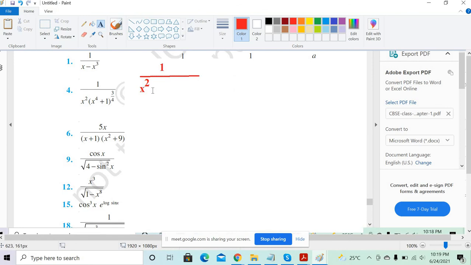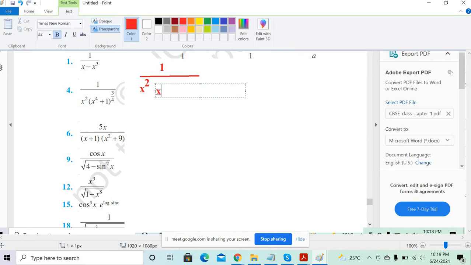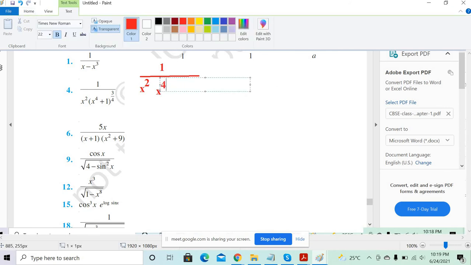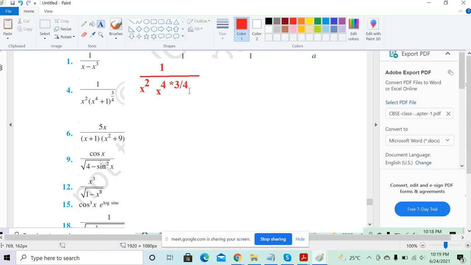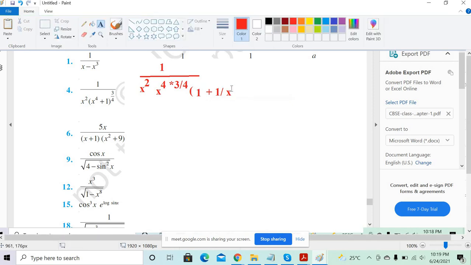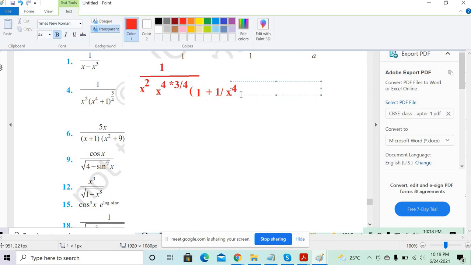Already x square is there. Correct? Yes, sir. Now when I take x power 4 outside, it will become x power 4 into 3 by 4, and in the bracket it will become 1, because you are taking it outside, plus 1 by x power 4, and the whole power is 3 by 4.